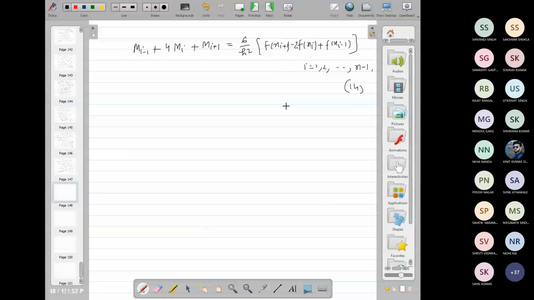substituting the values of ai, bi, ci and di, and h is equal to h, this becomes f(x) is equal to, and this is the condition satisfied by the function f(x).